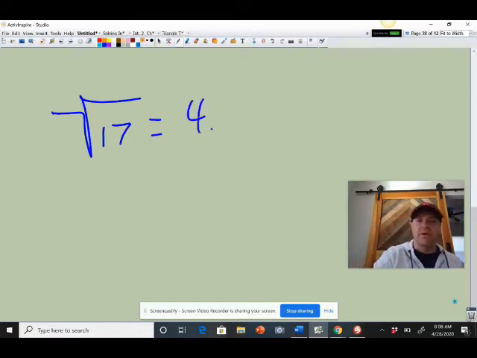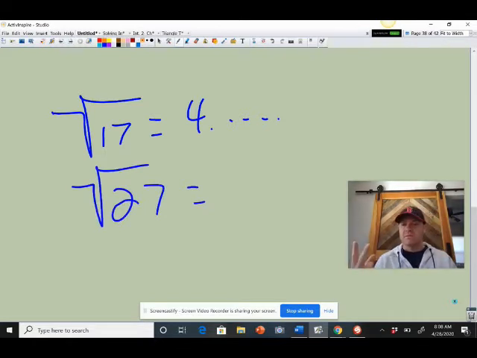It's going to be 4 point something. That's an irrational number. I can take 27. I don't know one number times itself to equal 27, so that's going to be an irrational number, okay? Because it's going to never stop. If you plug this into a calculator, you'd get a number that's going to be a decimal. The calculator would then have to round it, okay? So that's the easiest way to find an irrational number. It's a square root of something that we don't know the answer to, okay?